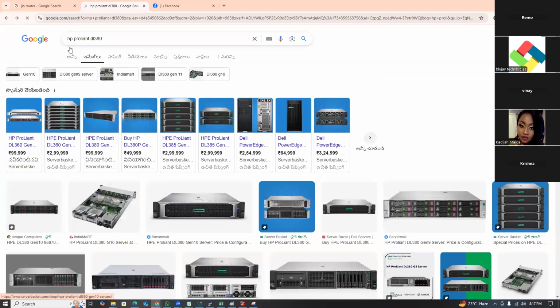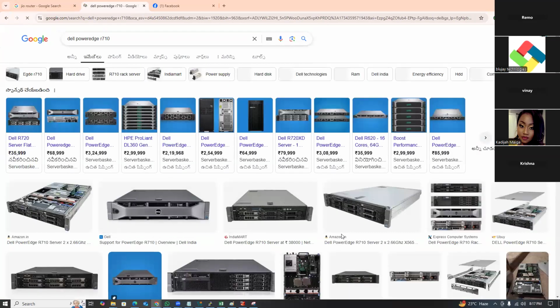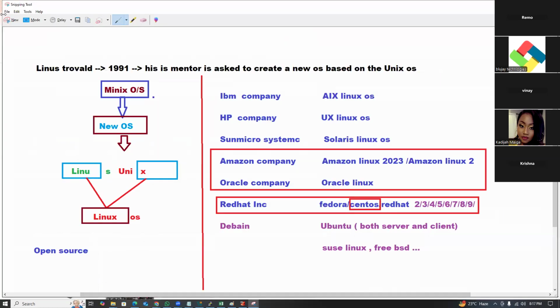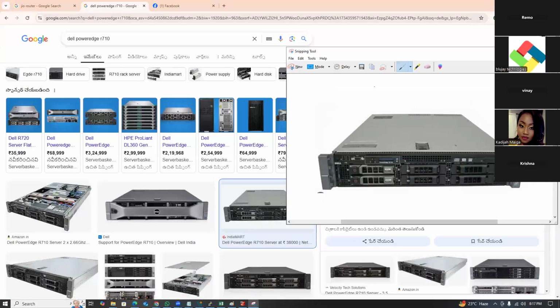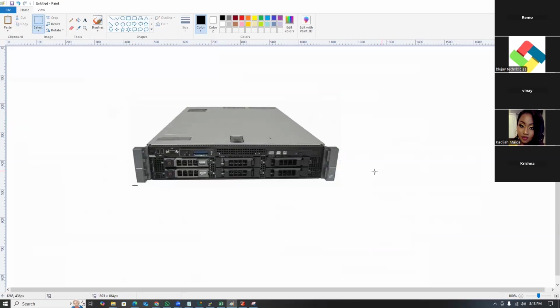The multi-user operating system hardware is the Dell PowerEdge R710. So this is the hardware. Yeah, we bought this hardware.